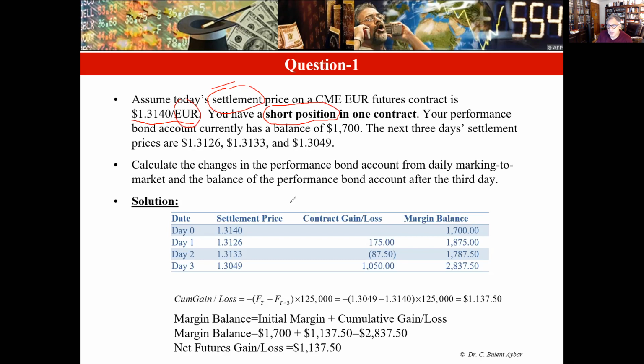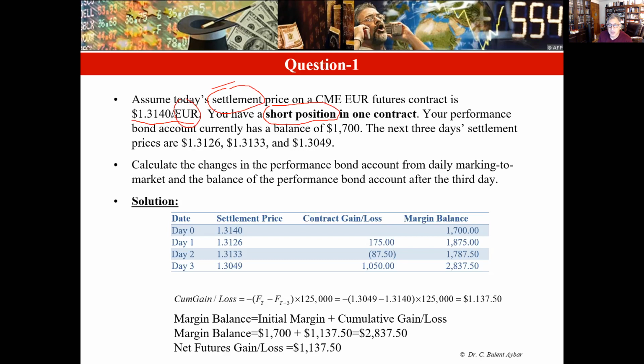This brings us to another issue: a futures contract is settled on a daily basis, and after each settlement, the contract is assigned a new price. For instance, at the end of that particular day, after the settlement price of 131.40 was determined, the exchange goes through all the contracts, and depending on the starting prices on the contracts, they settle each account.